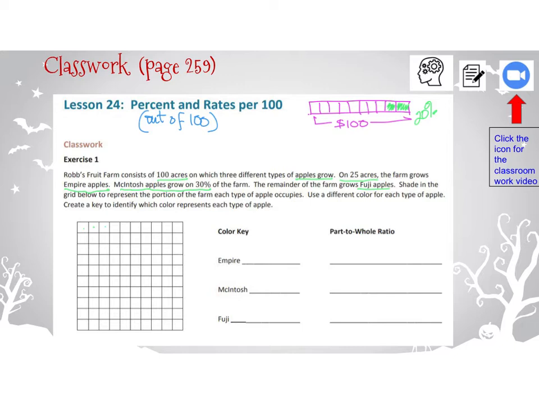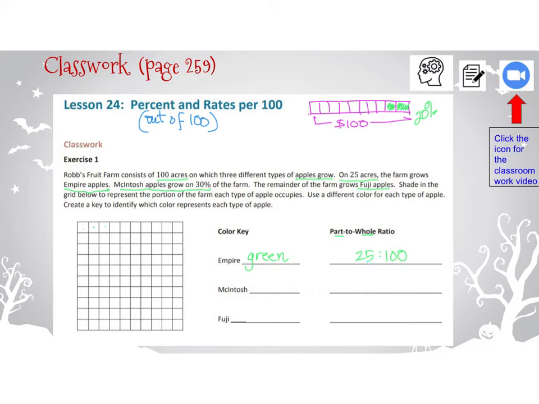Shade in the grid below to represent the portion of the farm each type of apple occupies. I use a different color for each type of apple. I'll go with green for the Empire apples, 25 acres. It says part to whole. The whole thing is 100, and they told me that the part is 25.